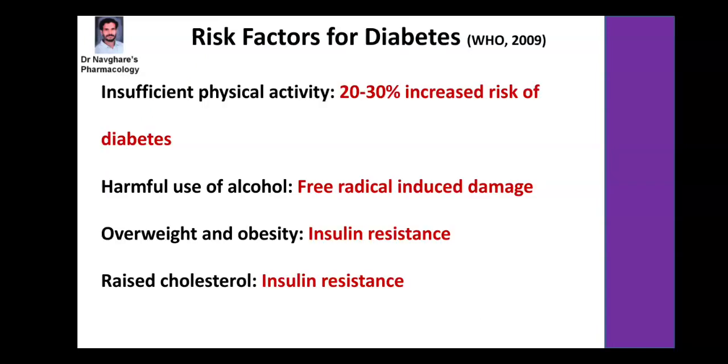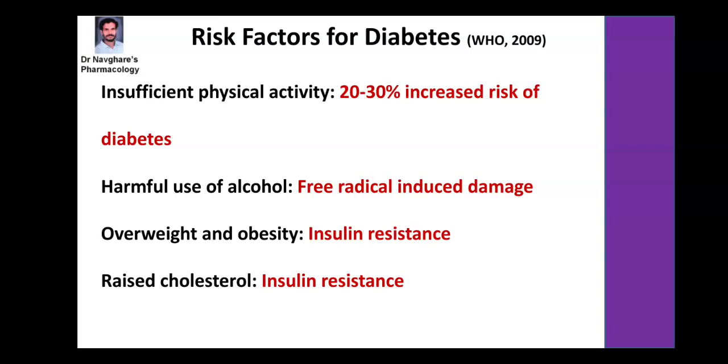So, what are the risk factors associated with diabetes? Or which are the different conditions that increase the chances of development of diabetes? The first one is insufficient physical activity, which gives a 20 to 30% increased risk of diabetes.